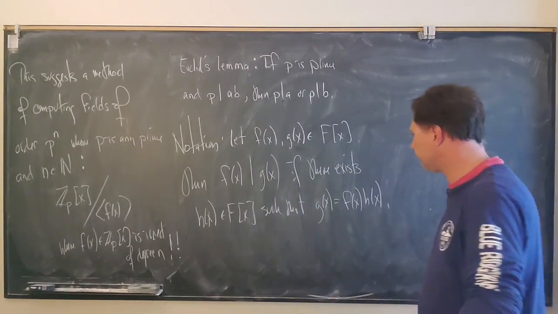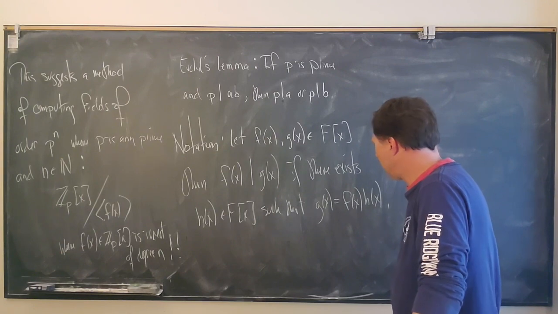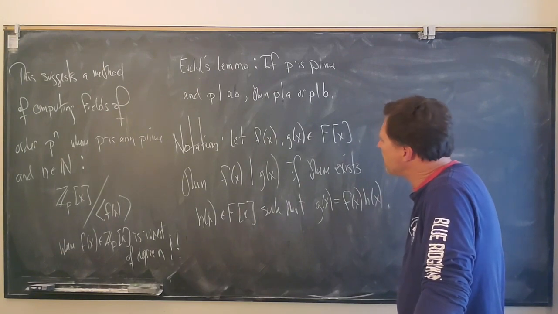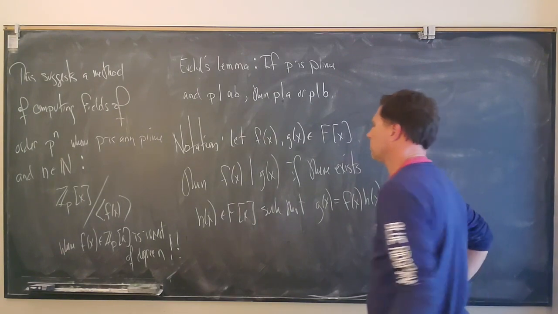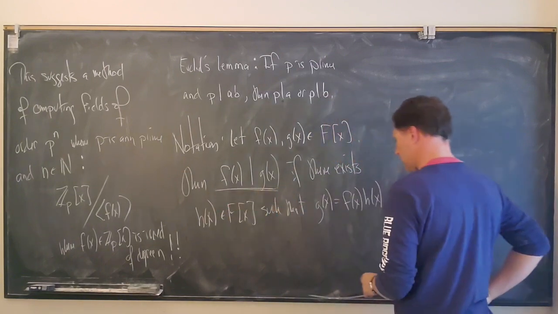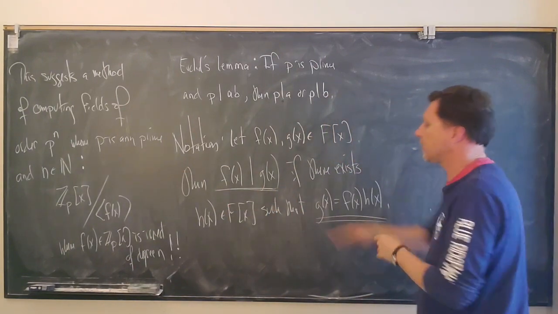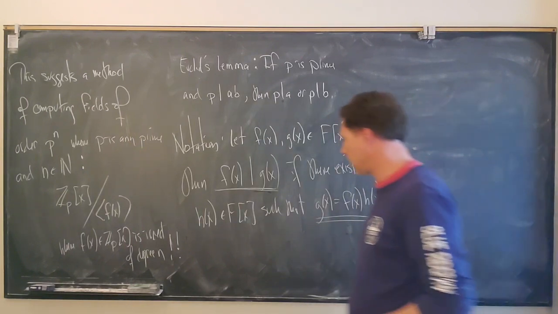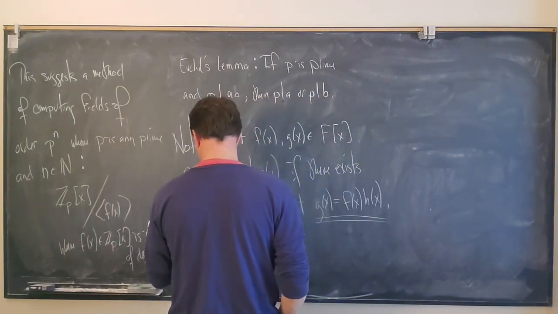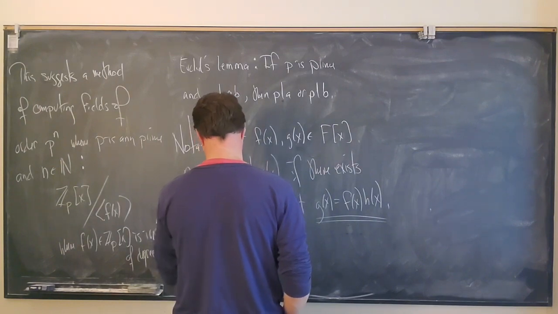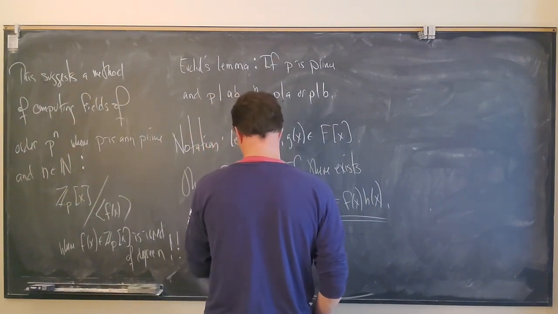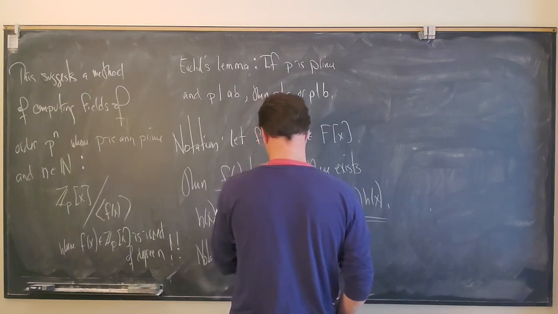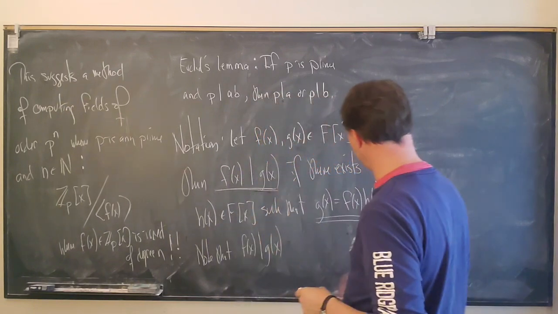Now, I think we could rephrase this in terms of ideals. So let's say it like this. Note that f(x) divides g(x). So what does this mean? Well, look at this.